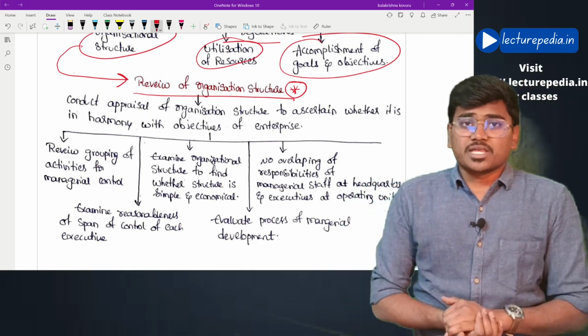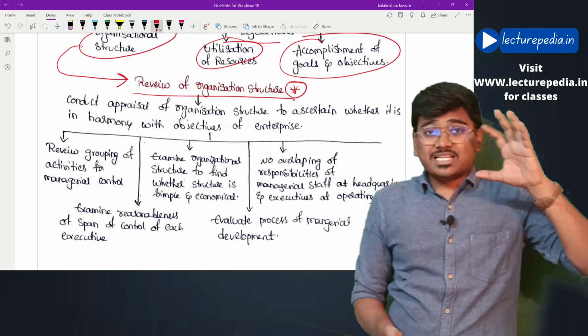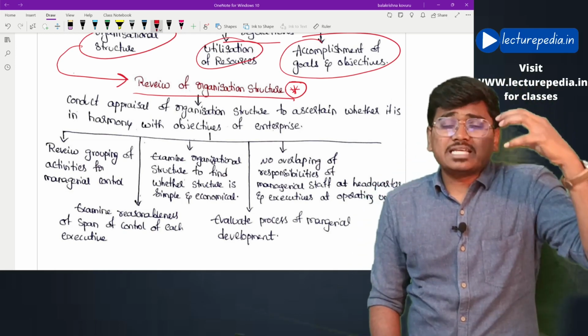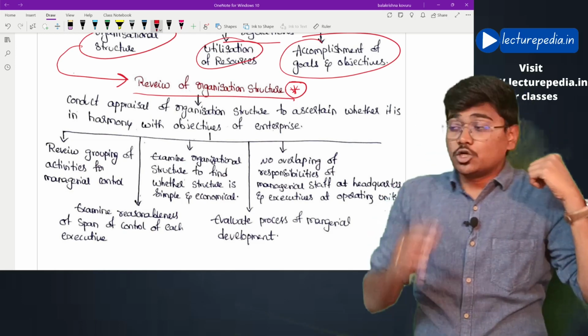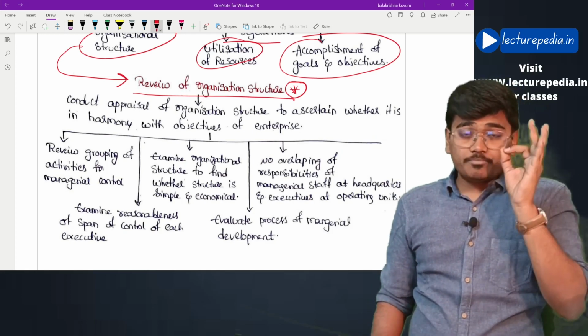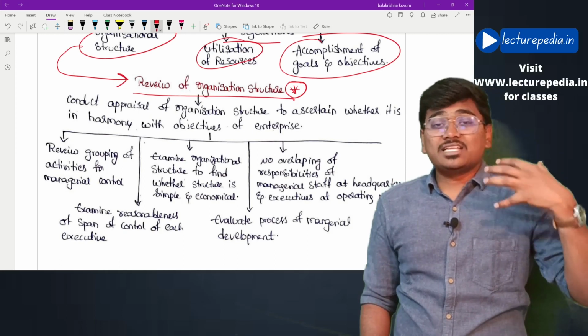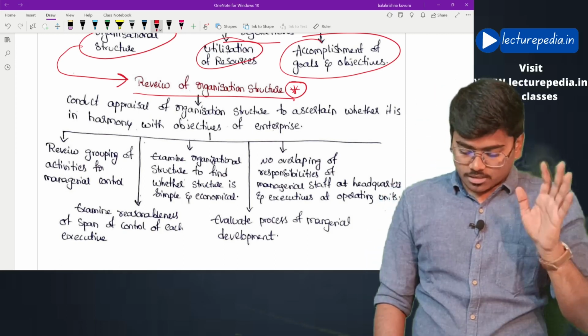Generally, the main objective of the internal auditor is to see whether the structure of the organization is conducive to achieving the objectives of the organization or not. That is the main objective behind verifying the organizational structure of the entity.